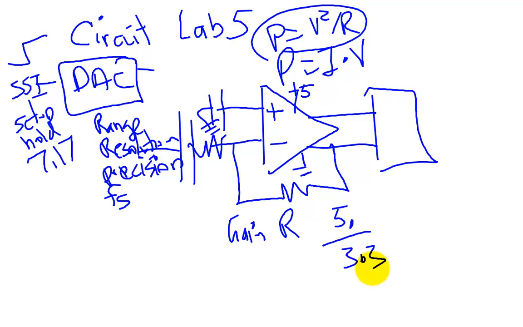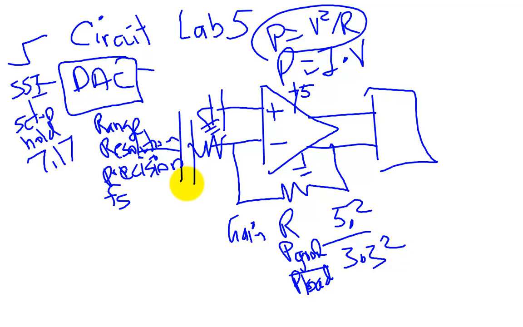What's the ratio of the powers? The ratio of P loud versus P soft is what? How do I fix this equation? Square them.